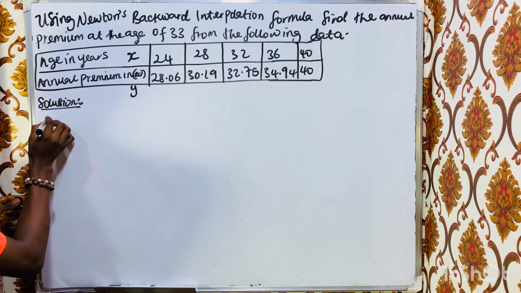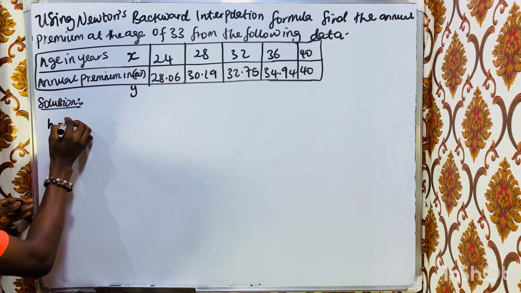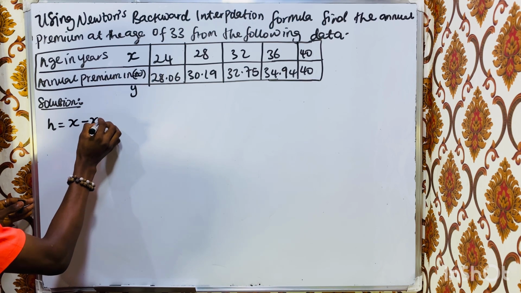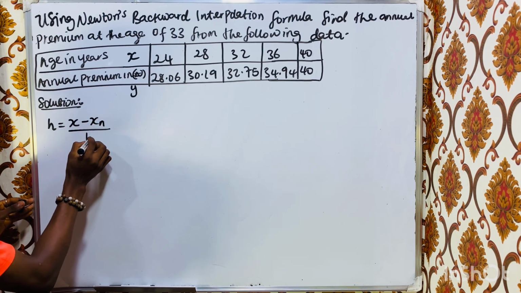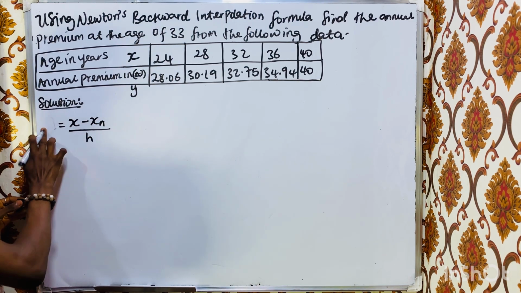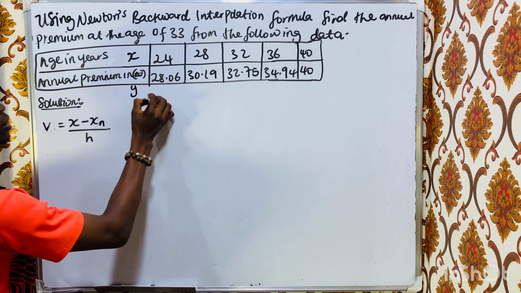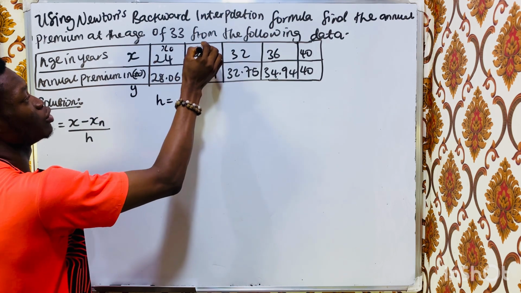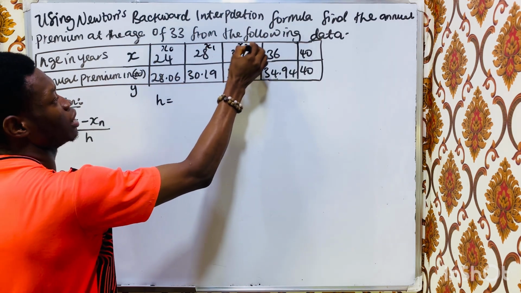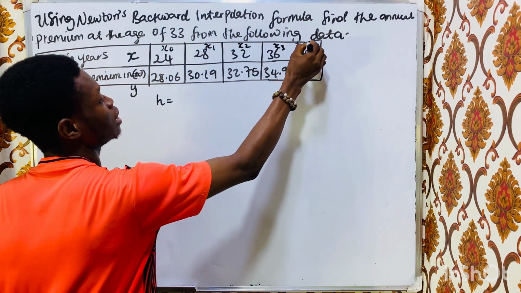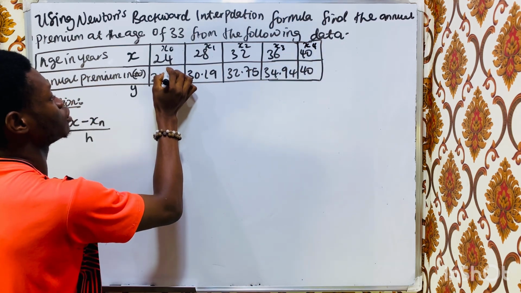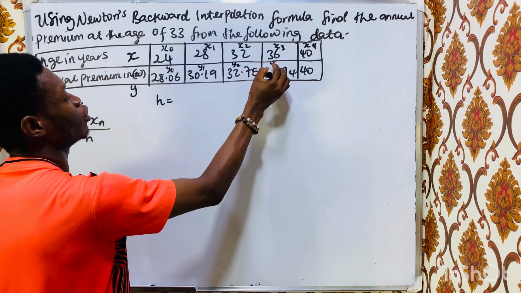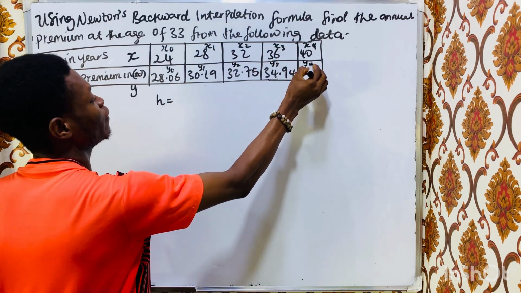Now, checking, we have an equal interval in our age. We can call these x naught, x1, x2, x3, x4, and here y naught, y1, y2, y3, y4.